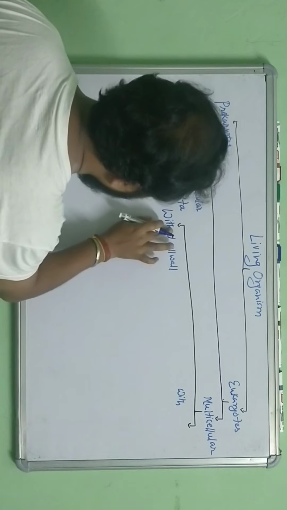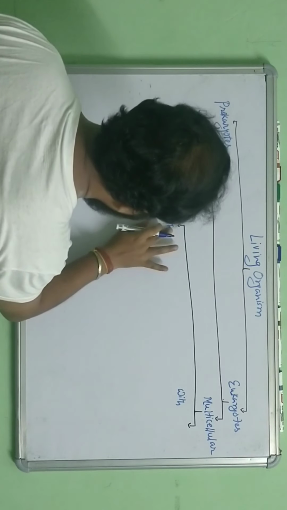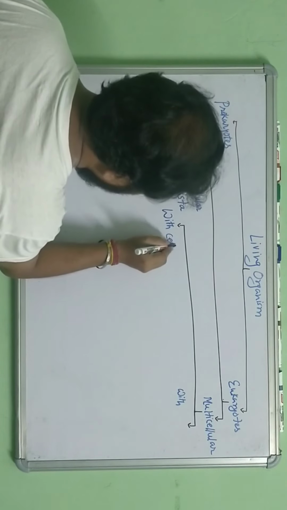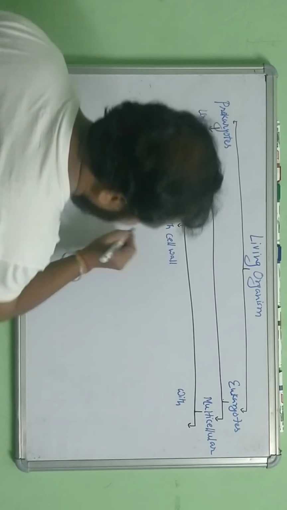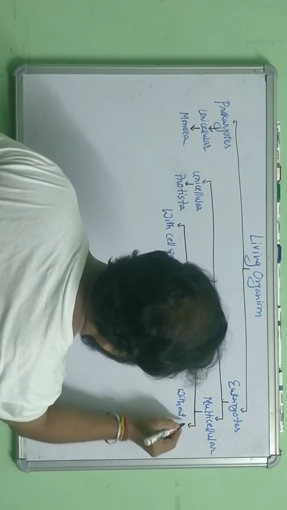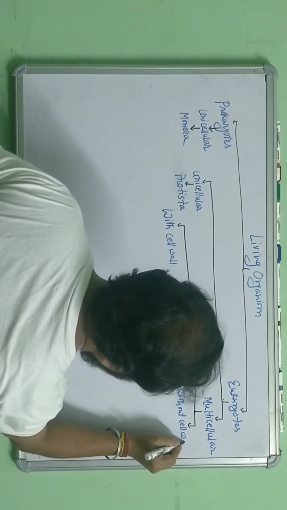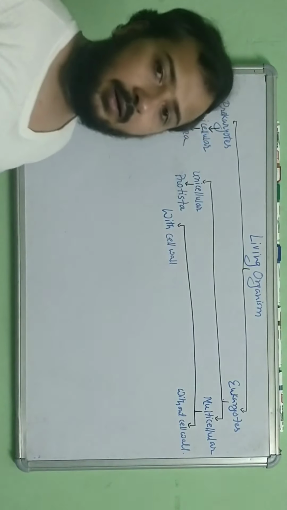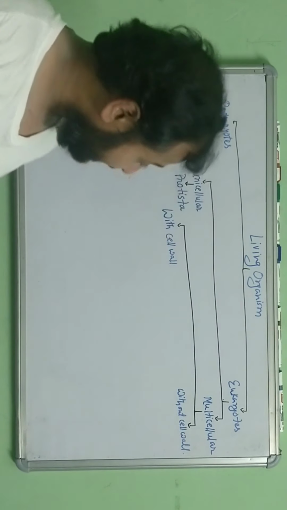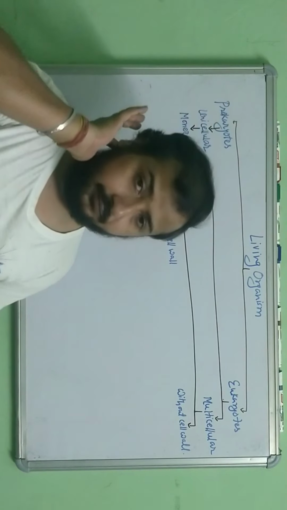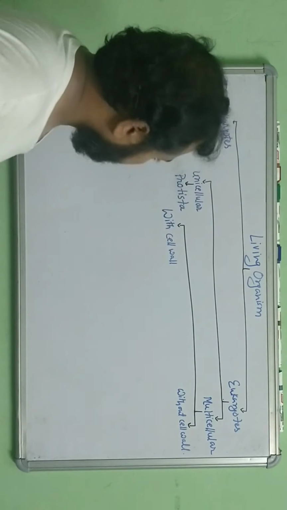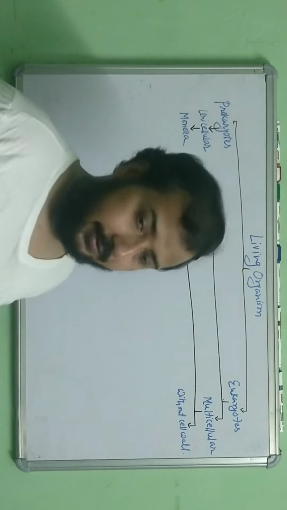Let's try the with cell wall this side. With cell wall and without cell wall. Clear? So with cell wall and without cell wall, where cell wall is the outermost layer.